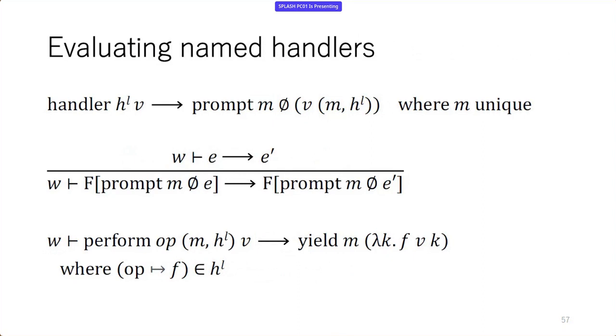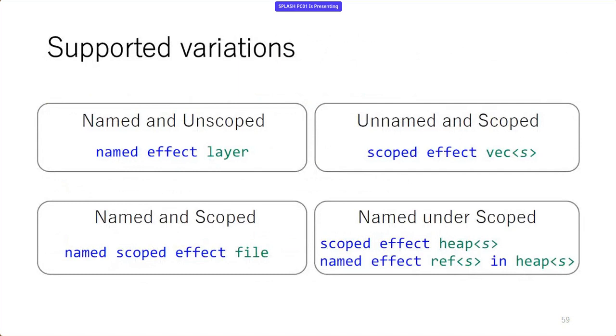The main change is that instead of looking up the evidence vector, we use the explicit handler names supplied by the programmer. As mentioned before, in Koka we support both combinations of named handlers and scoped effects. We also have named and unscoped handlers and unnamed and scoped effects. Having all these variations is useful because the programmer can pick one that suits their application.